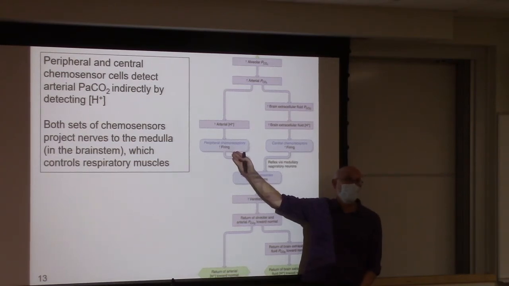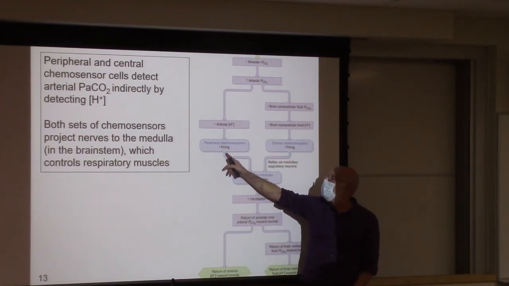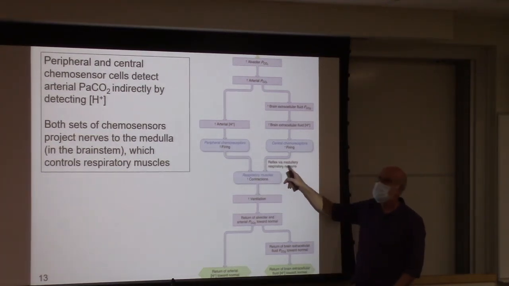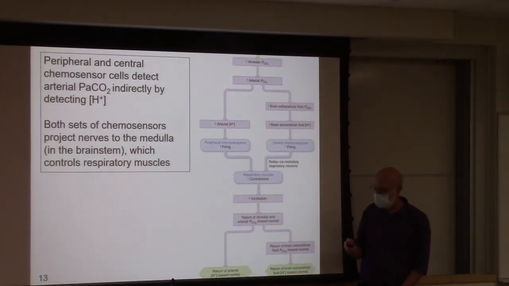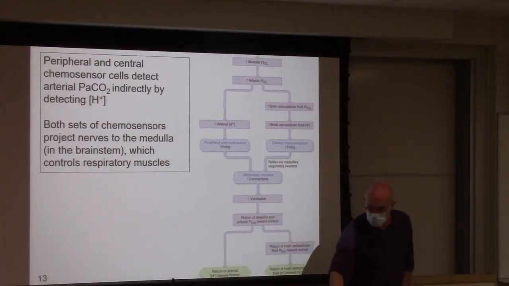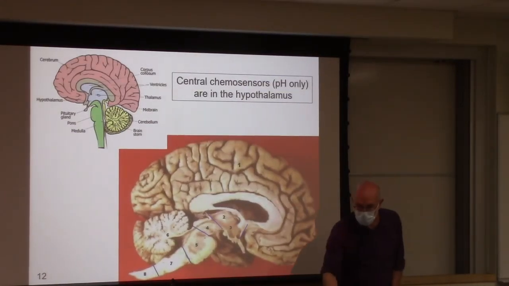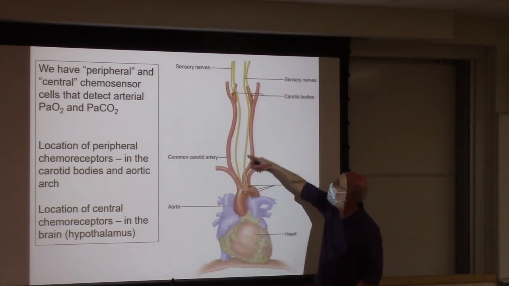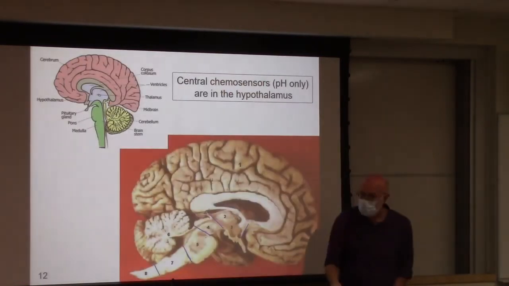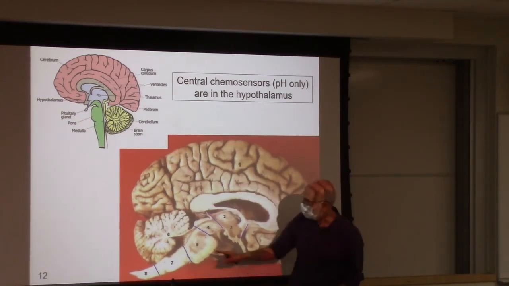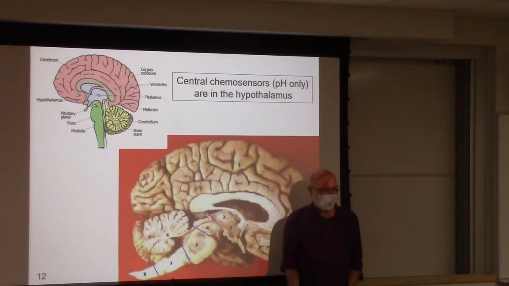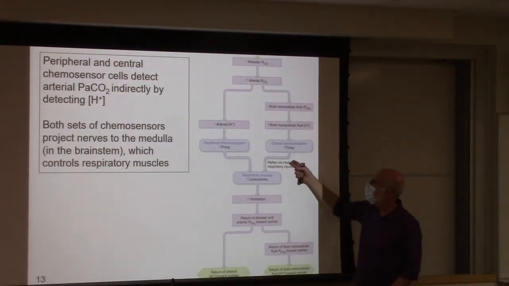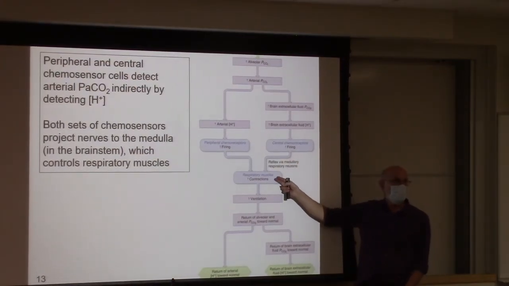They detect acid, increase the frequency of action potentials, which goes to the medulla of the brain. There are neurons that go from the peripheral chemosensors and send action potentials to the medulla. The medulla has nerves that control respiration.